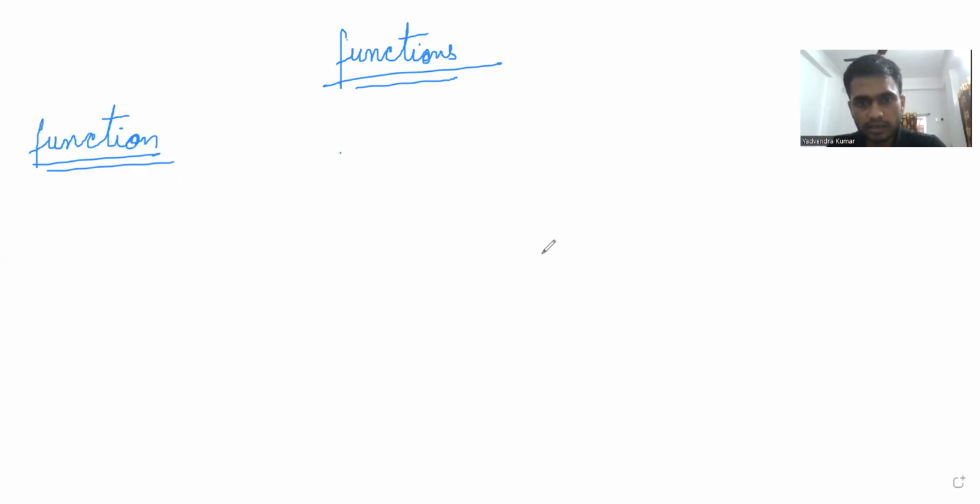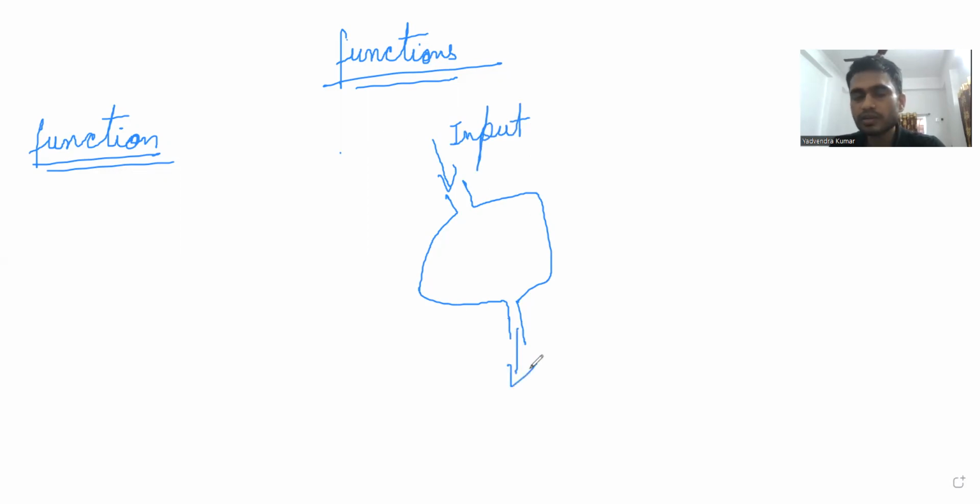Basically, in rough language, not in a mathematical way, it is like a machine which we give some input and we are expecting some well-defined output. We need unique output.